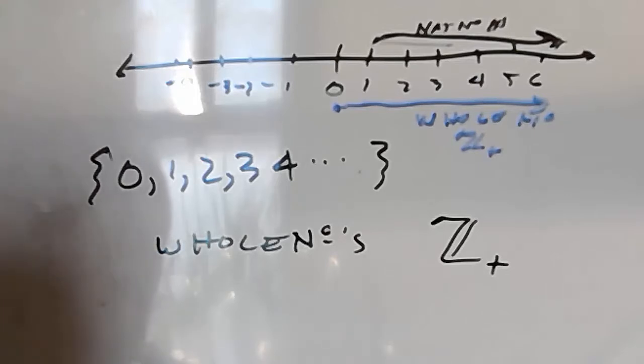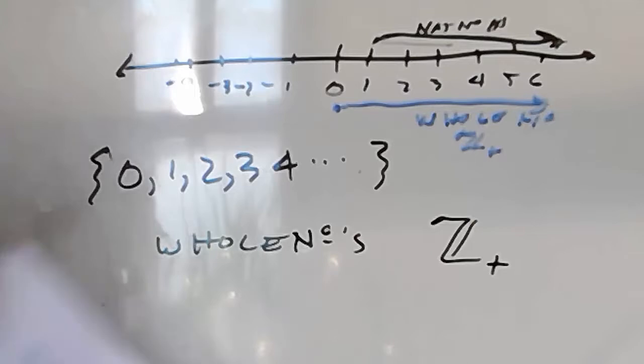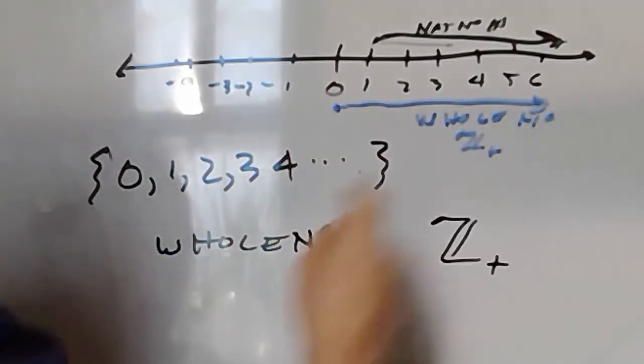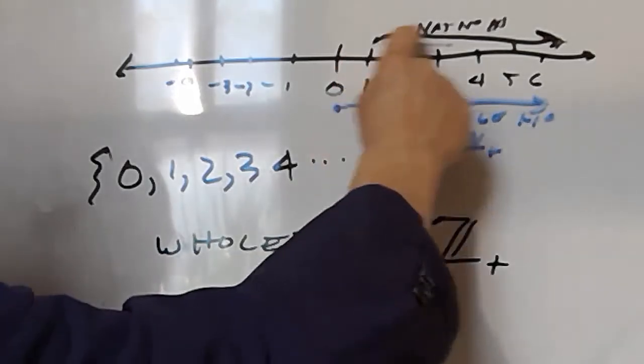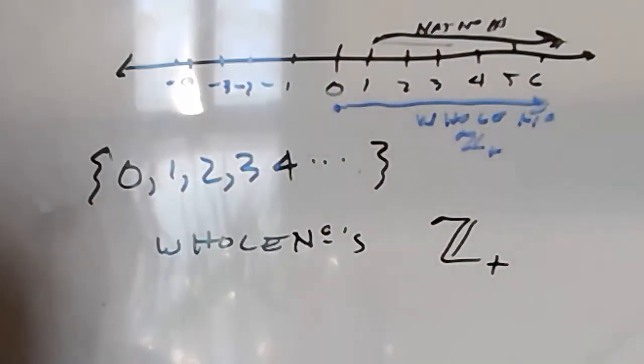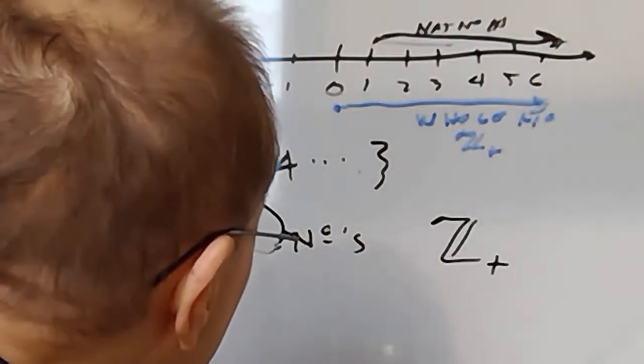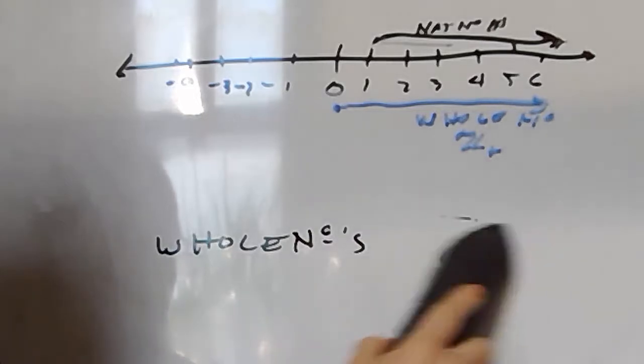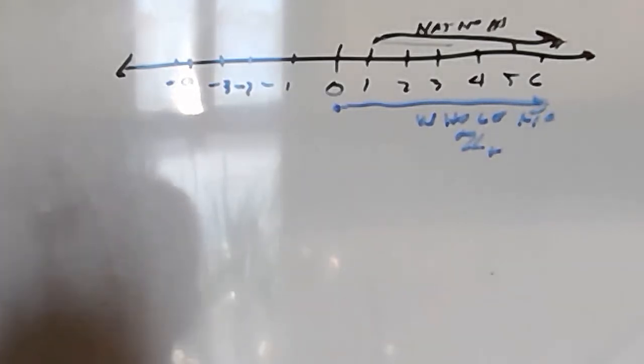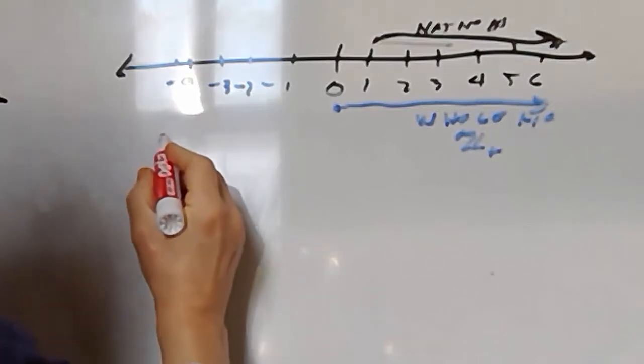And then we also want to include on this number line our negative numbers, because we now have the 0 and the whole numbers with the natural numbers, but we're still missing this part, and those will be what we call the integers.